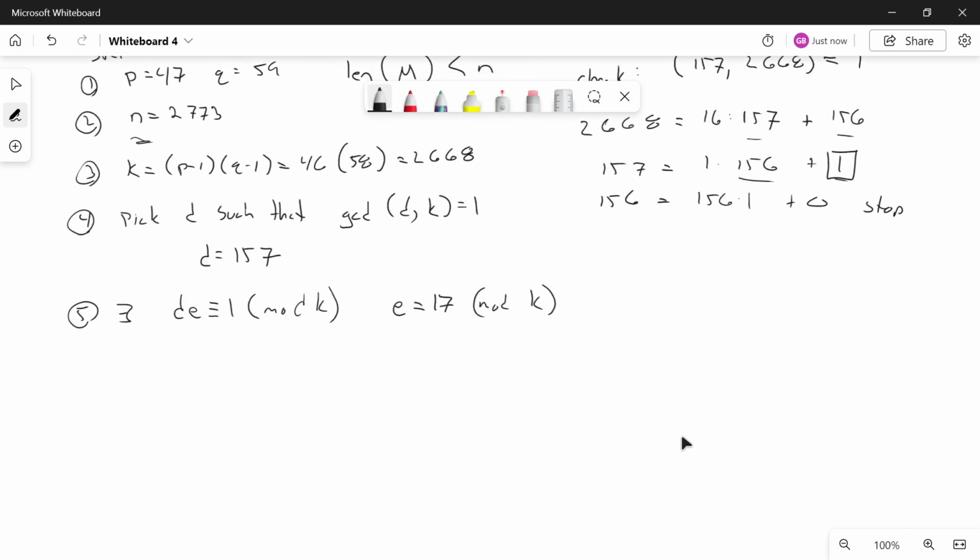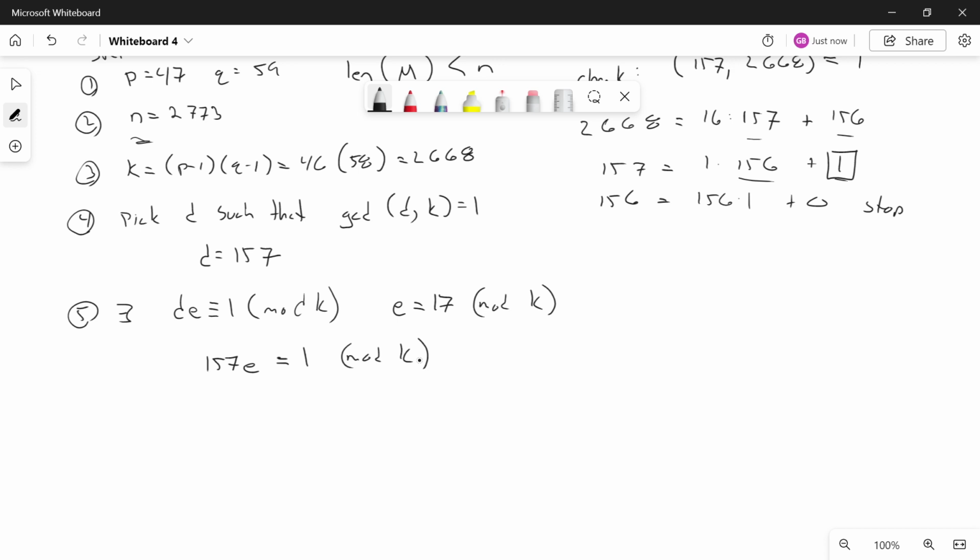Well, a little bit of work. But what I can do here is set it up in the following way. Again, I know what D is. D is 157 multiplied by some E, and this is going to be equal to 1 mod K. Well, instead of writing it as 1 mod K, this could be 1 plus any multiple of K that we want.